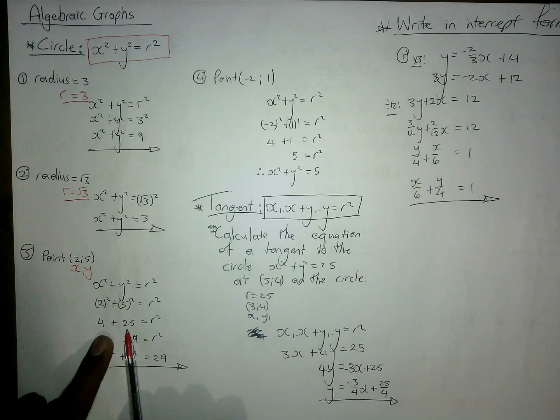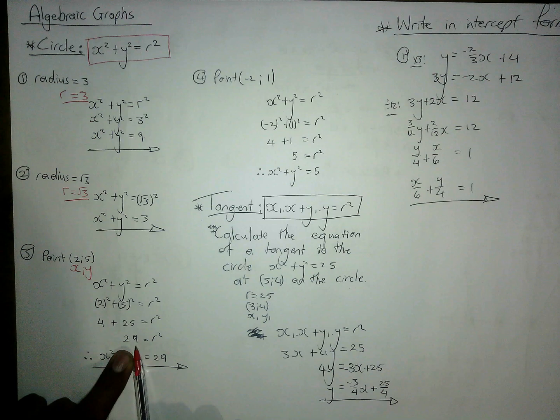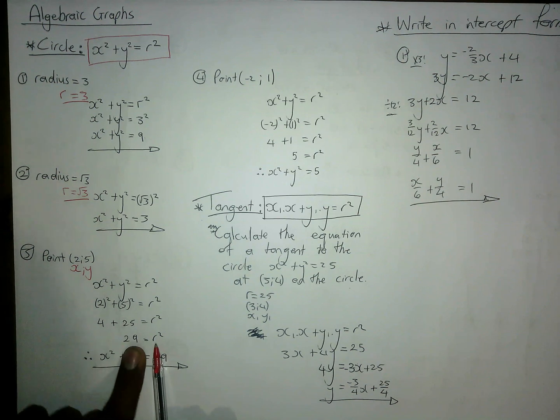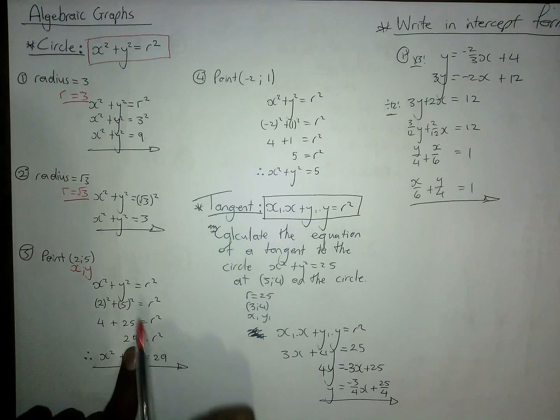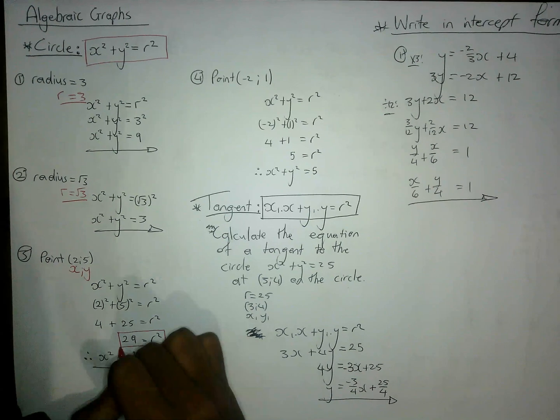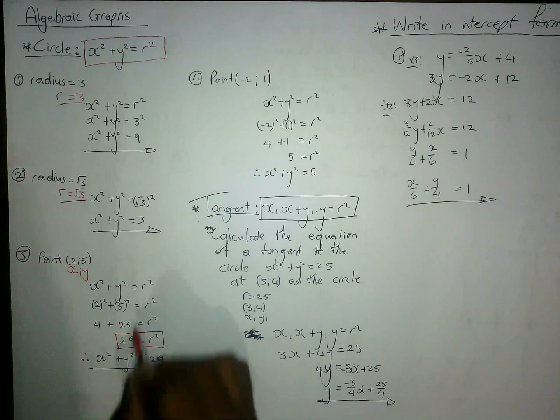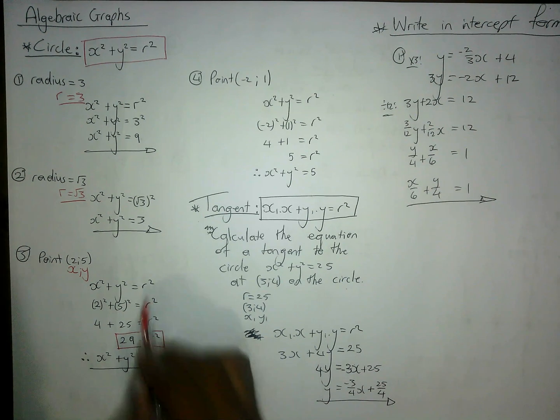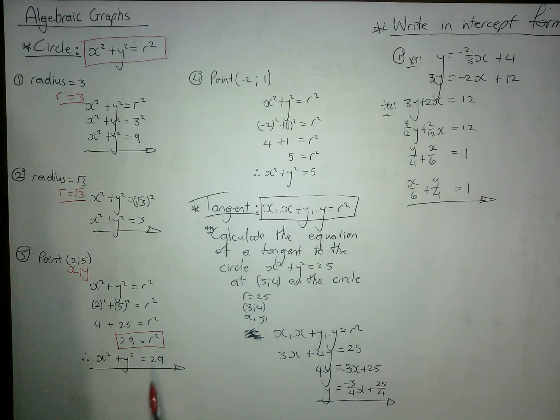We simplify, we add it. So r squared equals 29. That r squared is in our standard formula, so we write 29 as is, because 29 equals r squared. That's all we do. Okay?